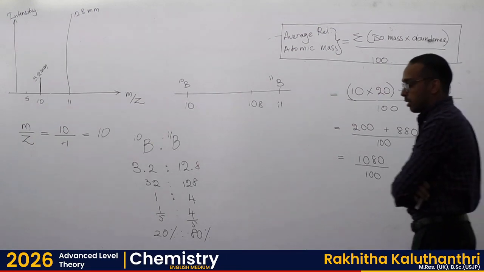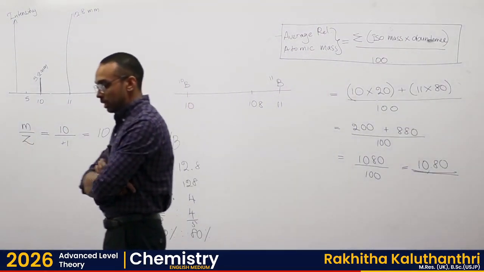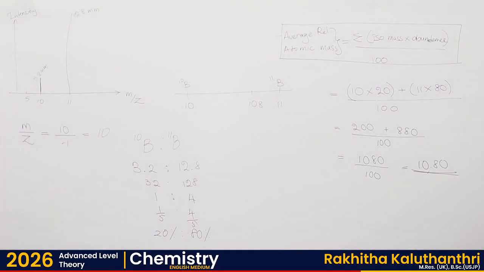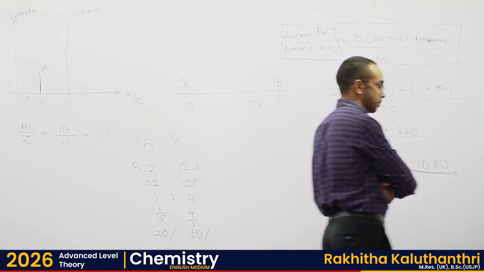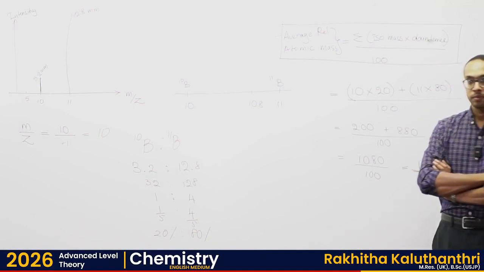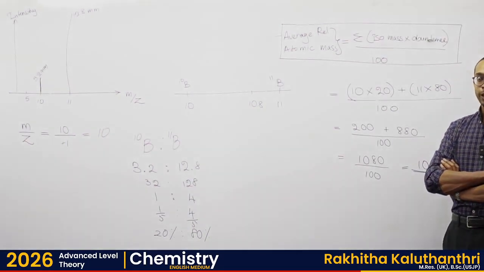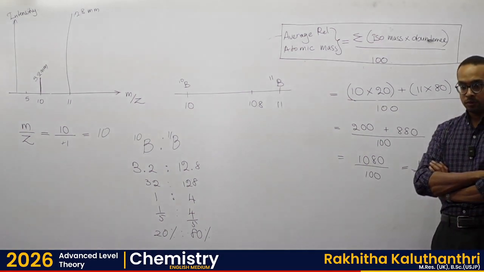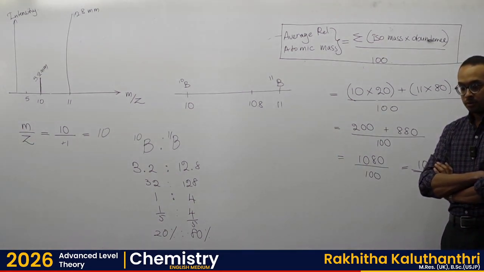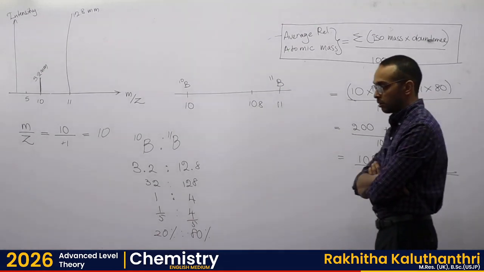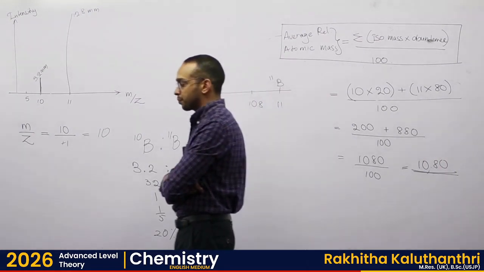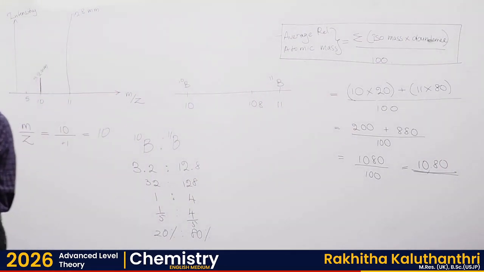Then we can write the relative average atomic mass or average relative atomic mass will have a value that is closer to the value of the most abundant isotope.